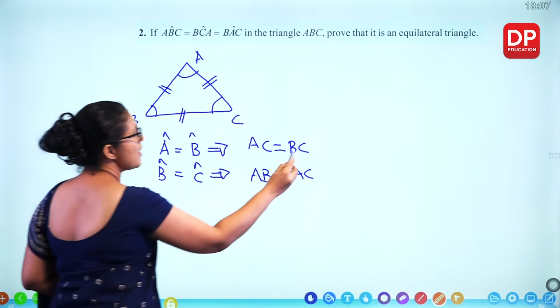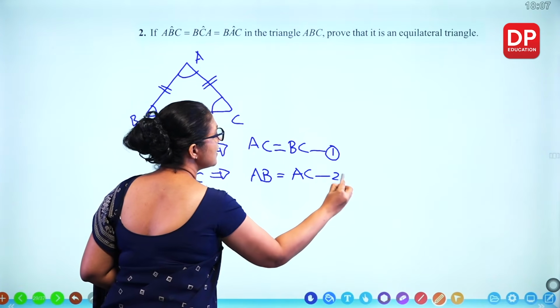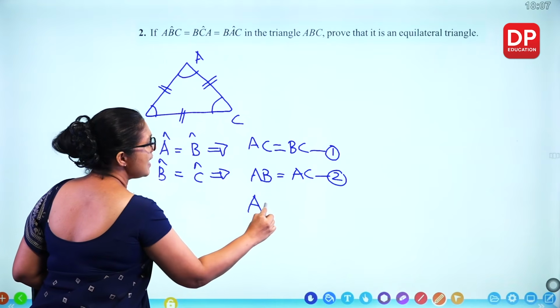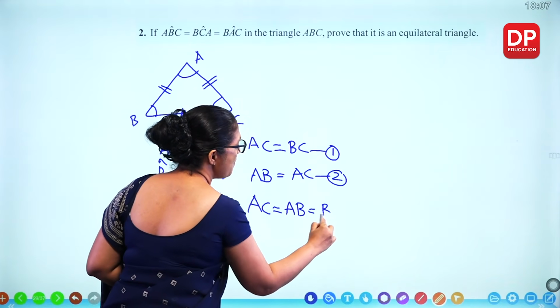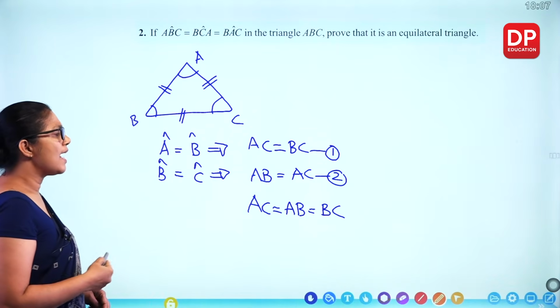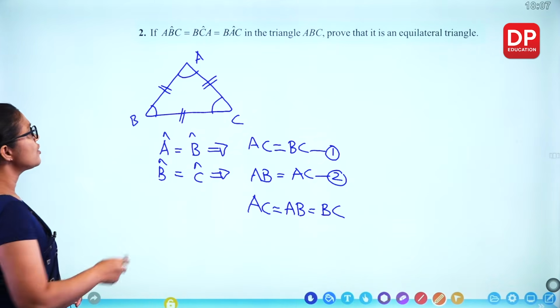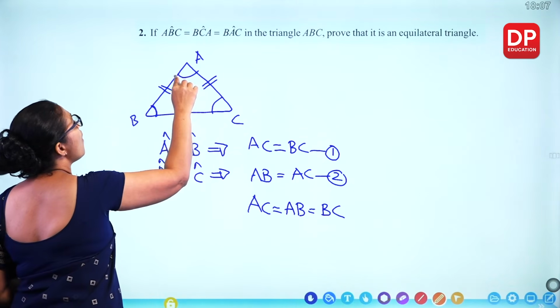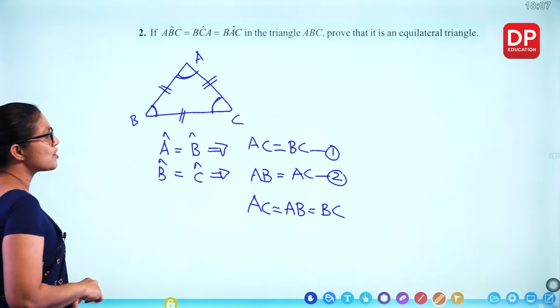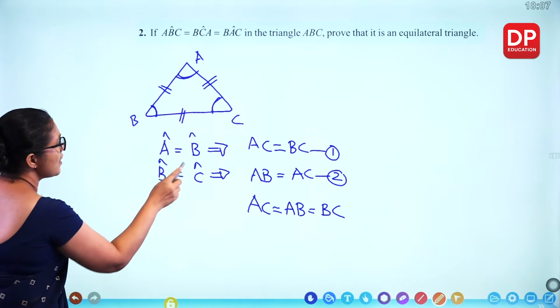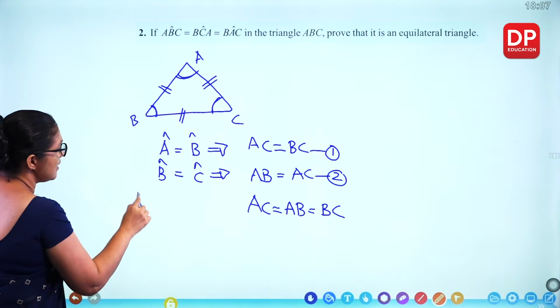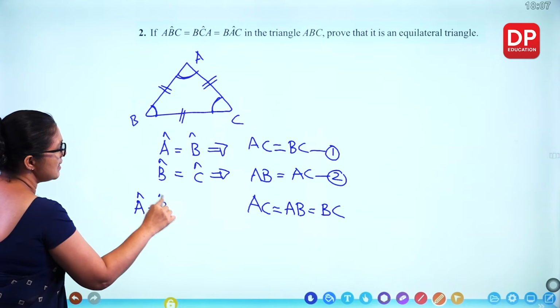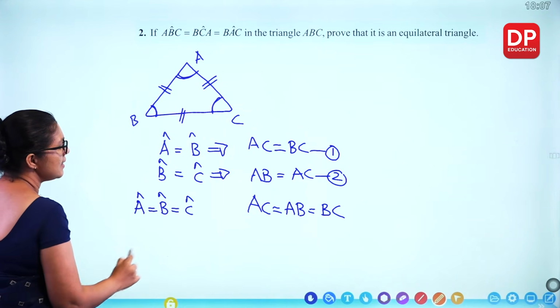From these two equations, I can write AC equals AB equals BC. All three sides are equal. And also we can see all three angles are equal from this one. So we can say angle A equals angle B equals angle C.